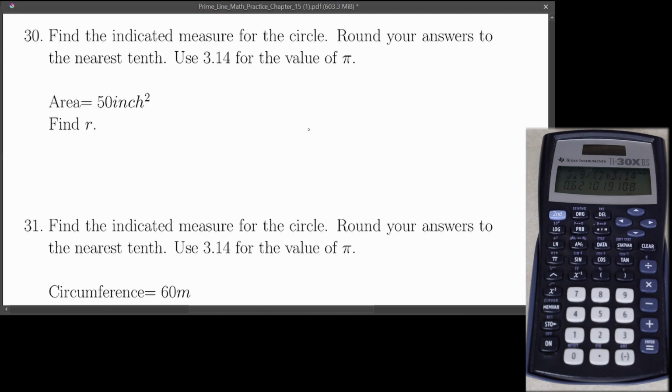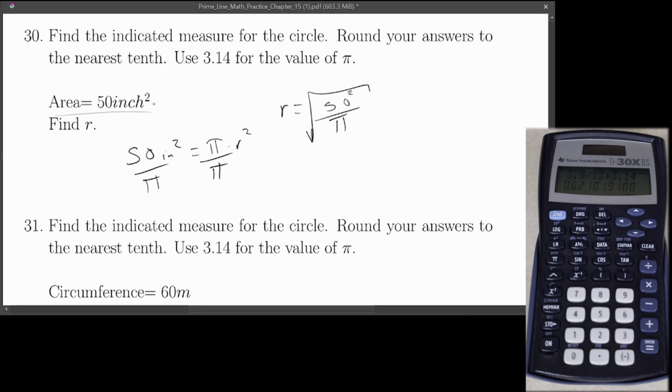Okay, on this one we have the area. They want us to find the radius. So if our area is 15 inches squared, that equals pi times the radius squared. We can divide both sides by pi. And our radius is going to be equal to the square root of the 50 squared divided by pi.